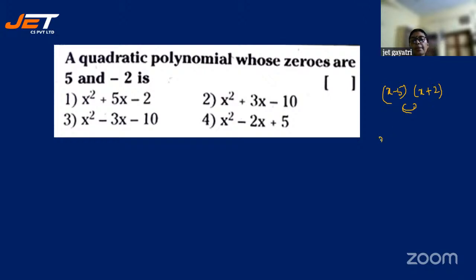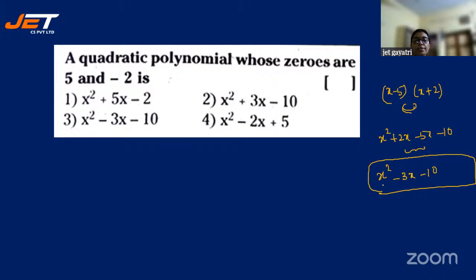Just multiply: x square plus 2x minus 5x minus 10. Alright, so just solve this. x square minus 3x minus 10. So this should be your answer. x square minus 3x minus 10. So where do you find this? You find option 3 as the correct answer.